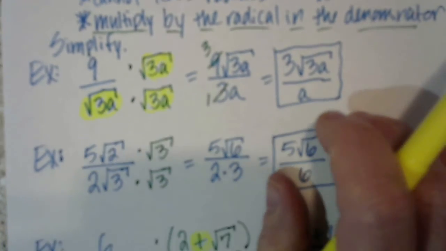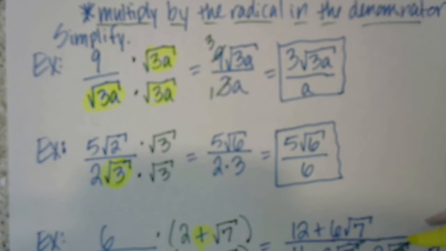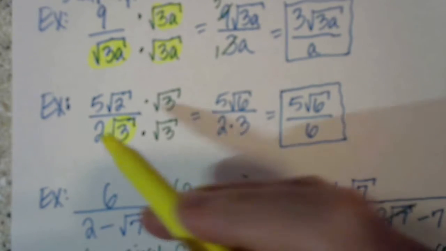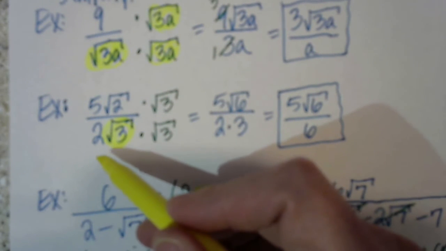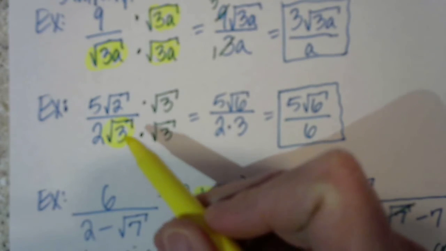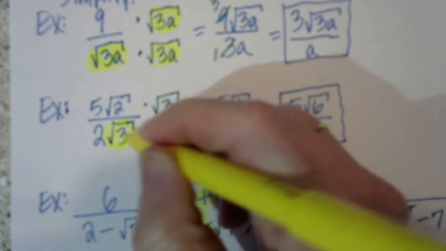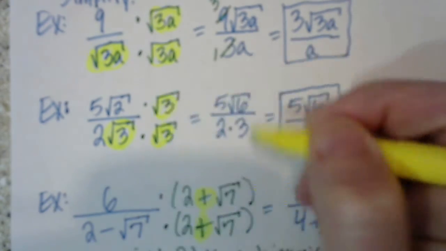Okay? The next problem, the only radical that's in this denominator is square root of 3. The 2 is okay, it's a whole number. It's just the radical part that shouldn't be there. So I'm going to multiply by the square root of 3. Whatever it is, I'm going to multiply by it on top and bottom.